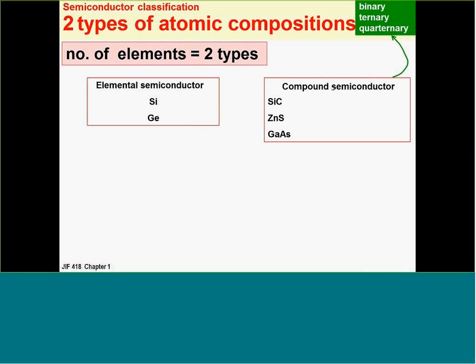Under compound semiconductor, you can also further classify it as binary, ternary, or quaternary. Binary means 2, ternary means 3, quaternary means 4. Remember, quarter is 1/4, so it's four elements in it. And normally, LED has quaternary elements in it.